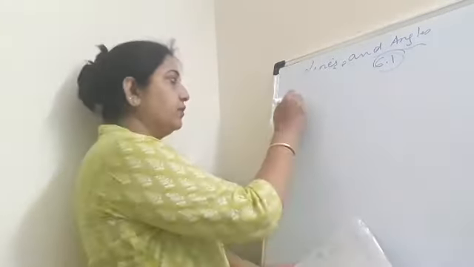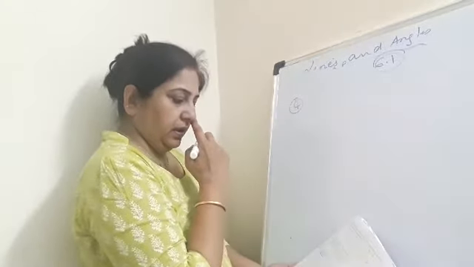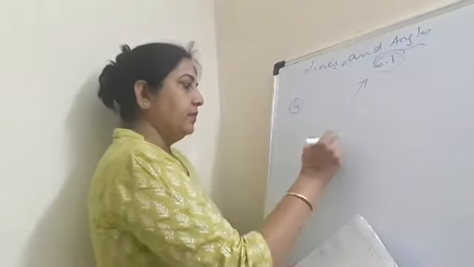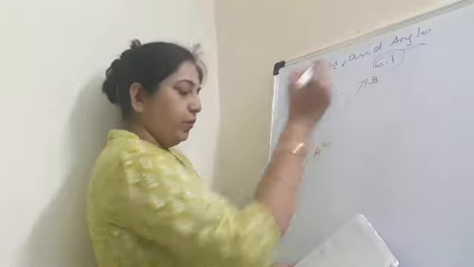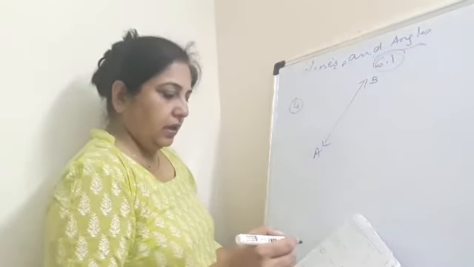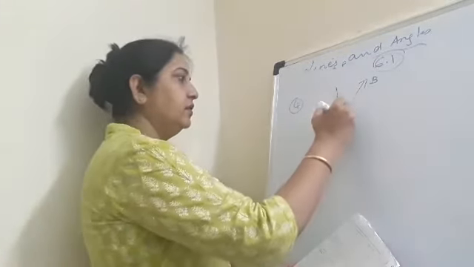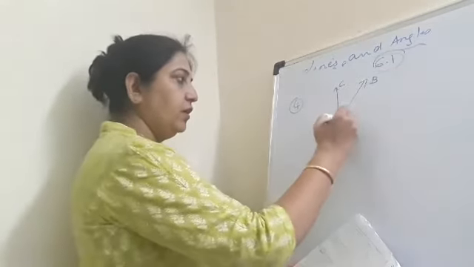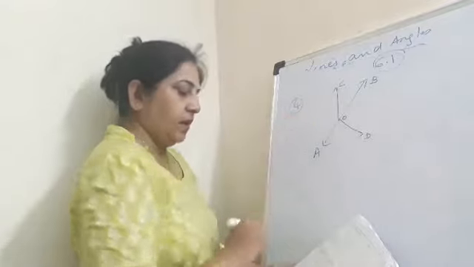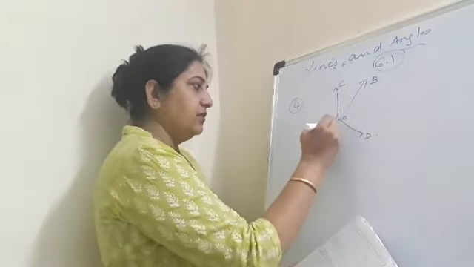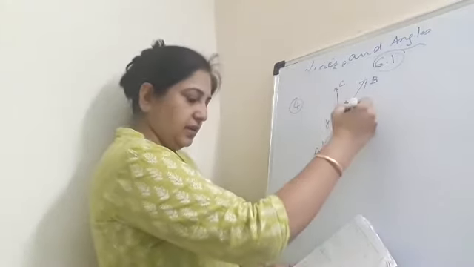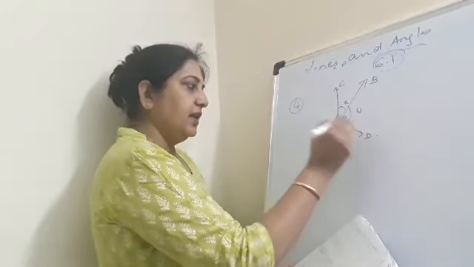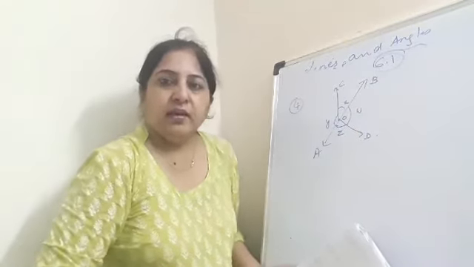Now question number 4. Question 4 is saying that there's a line AB, I mean there are 2 points A, B, and there's a ray here which is OC, and here we have a ray OD, right? This is OD. It is saying that this angle is Y, this angle is X, this angle is W, and this angle is Z. There are 4 angles given.